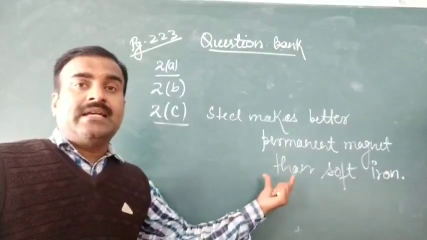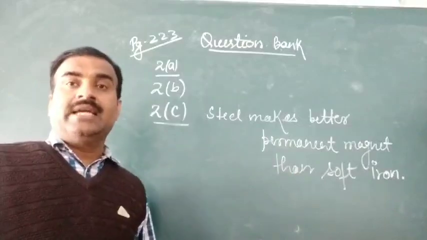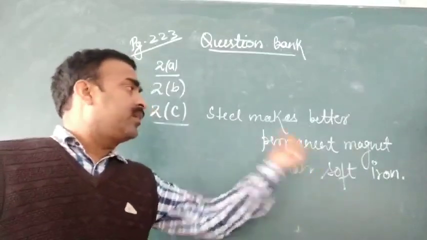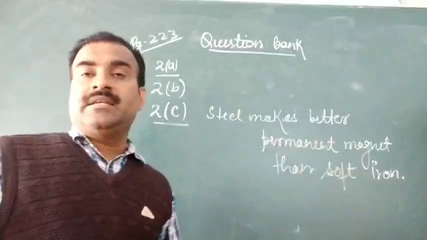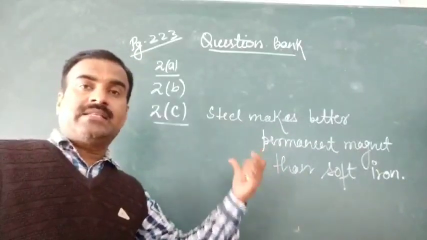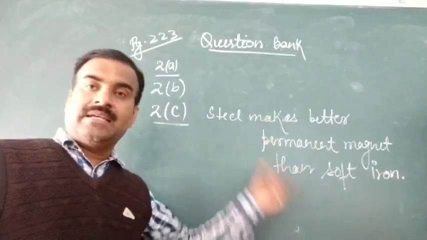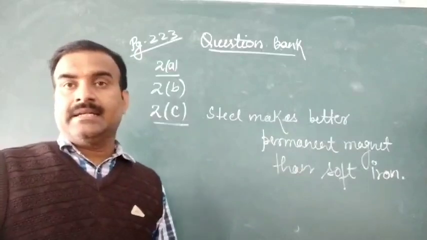That's why you can easily demagnetize it. You can easily break the chain of the soft iron, but you can't easily break the chain of the steel. In this way, steel makes a better permanent magnet in comparison to soft iron. Clear? Okay.